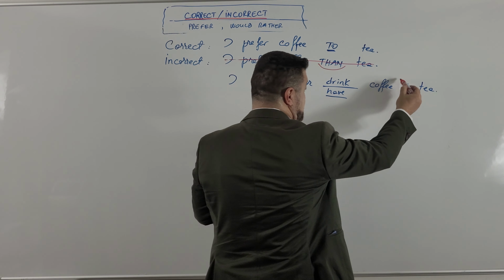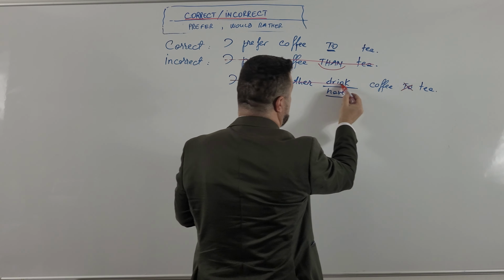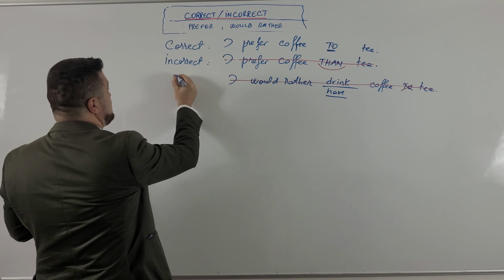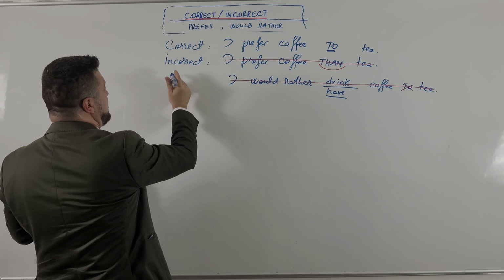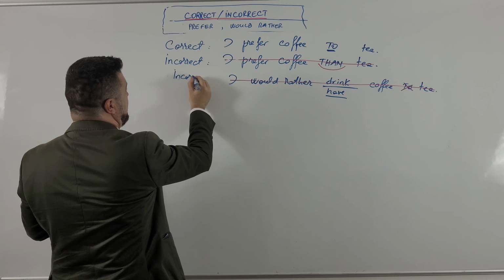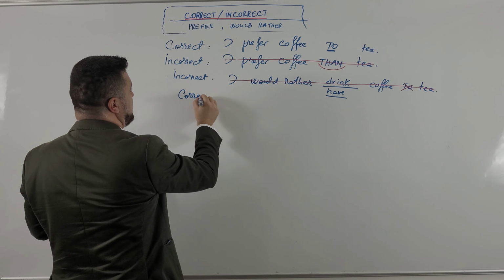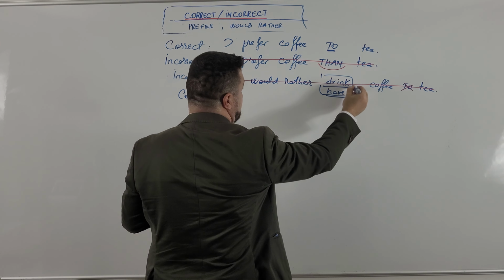So let's cross this off here. And this will be an incorrect sentence. When you use would rather, this will be the incorrect one, okay? As I was saying, when you use would rather, don't forget to place a verb here, okay?